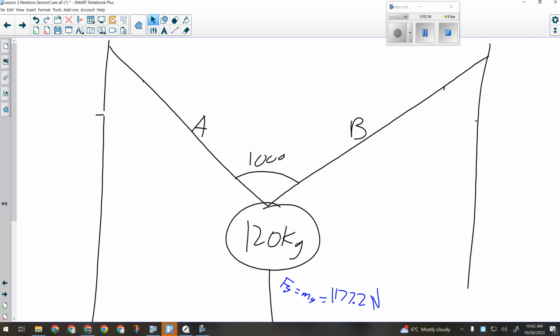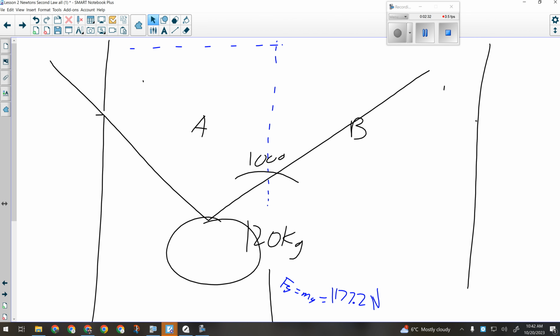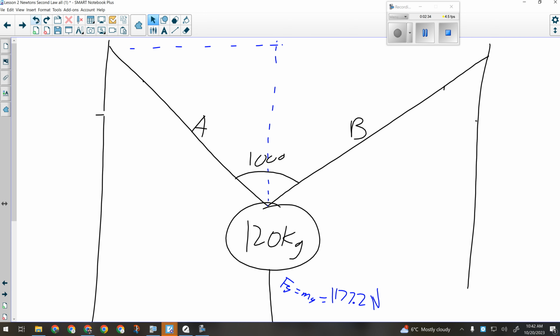Each one of these cables pulls at an angle. It pulls up and over, both of them. Agreed? How big is this side for one of the cables? How much does each cable pull vertically? The same as gravity?